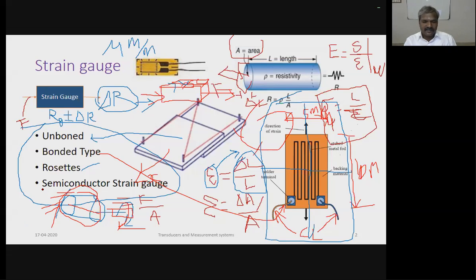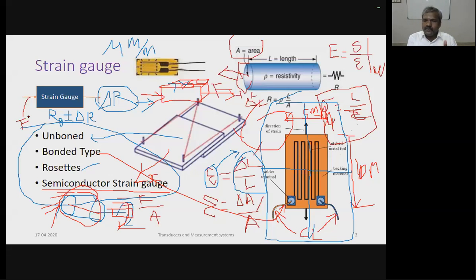Next is the semiconductor strain gauge. It is made up of germanium and silicon. These are also called piezo-resistive transducers. Suppose you are asked what piezo-resistive sensors are, and to give an example.